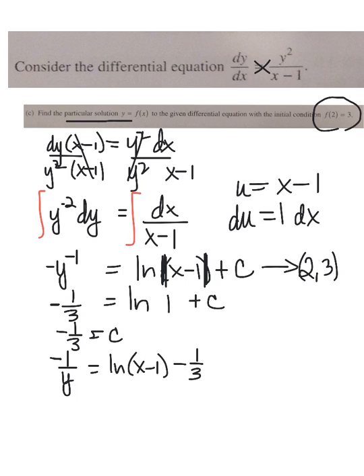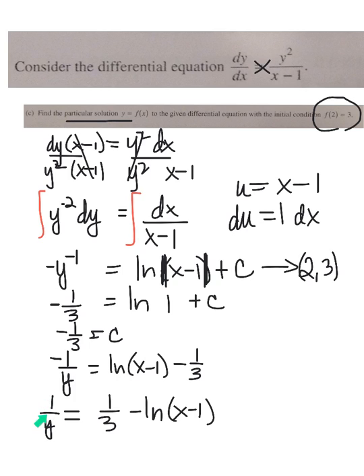Okay, so I'm trying to get y by itself, right? So I'm going to start by taking this negative and distributing it over here, which will turn this into a positive 1/3 and this into a negative ln. So that's going to give me 1 over y is equal to 1/3 minus the ln of x minus 1. Lastly, though, the issue that I have here is that y is not by itself yet. It's still a fraction.